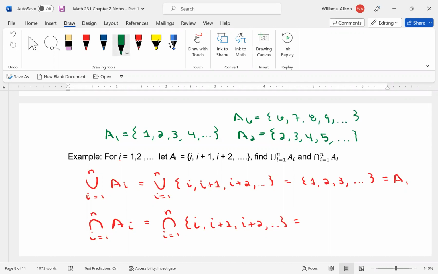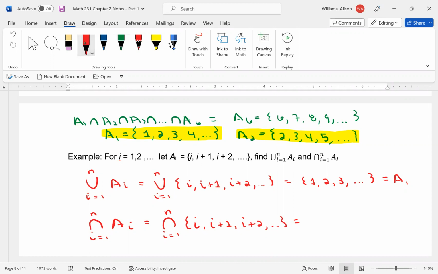Now, A sub 1 contains A sub 6, right? Because eventually I'm going to hit 6, 7, 8, 9 and keep going. Same with A sub 2. So A sub 6 would be the intersection for those 6 sets. If I were going to look at A sub 1 intersect A sub 2 intersect A sub 3, and keep going until I hit A sub 6, they're going to equal A sub 6 because all of the previous sets contain A sub 6 in them.